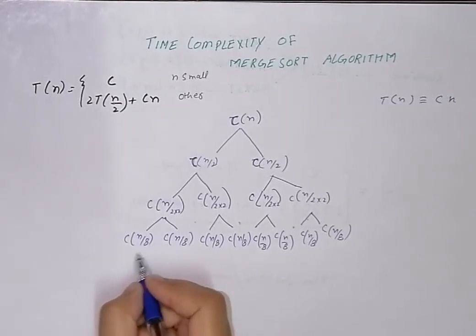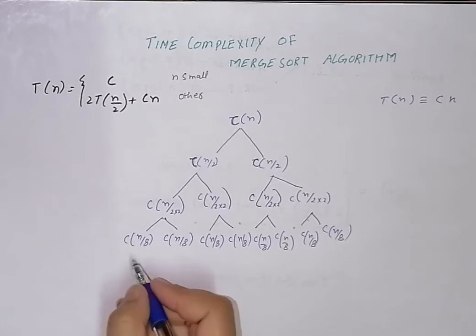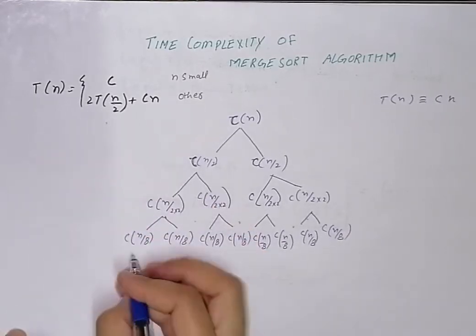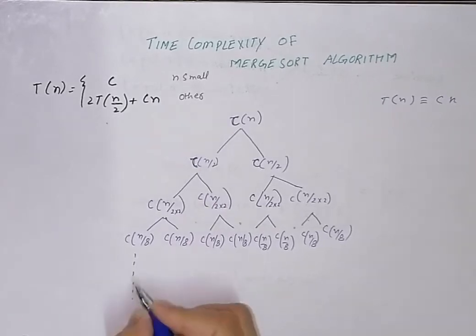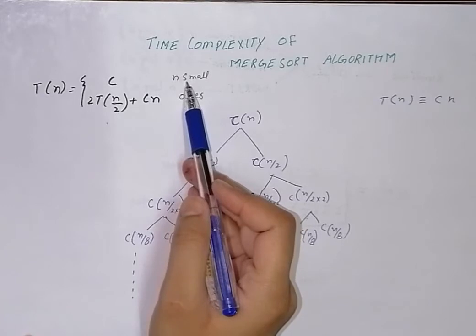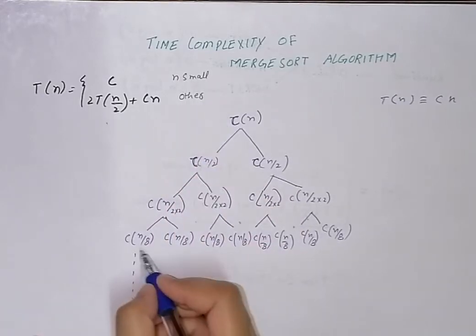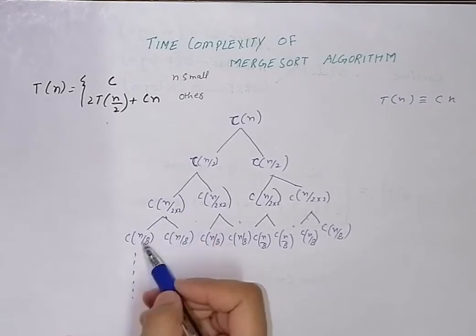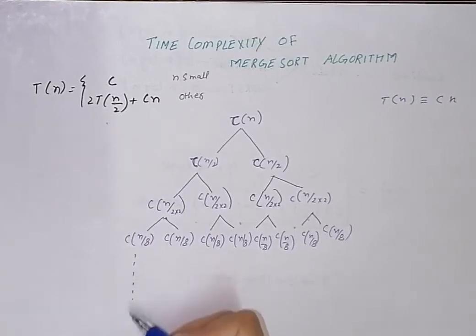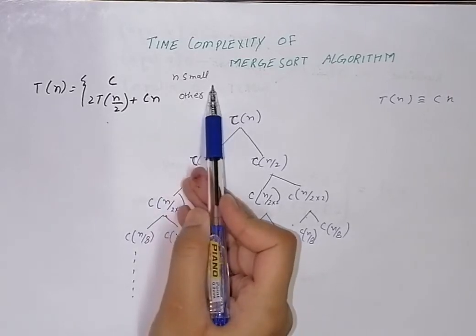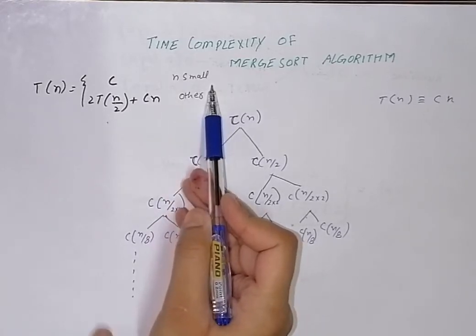After recursively dividing the input into two parts, considering this equation in our mind, we come to the point where our n will be a very small value. Every time we are dividing it by 2: n divided by 2, n divided by 4, n divided by 8, n divided by 16, n divided by 32, and so on, until we reach the case where n is 1, which is our base case.